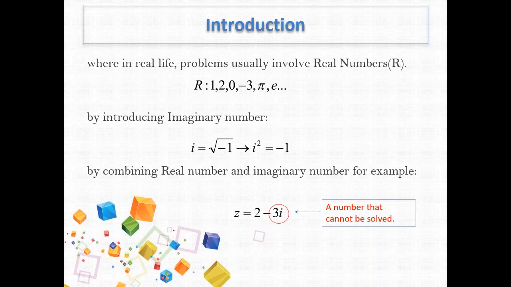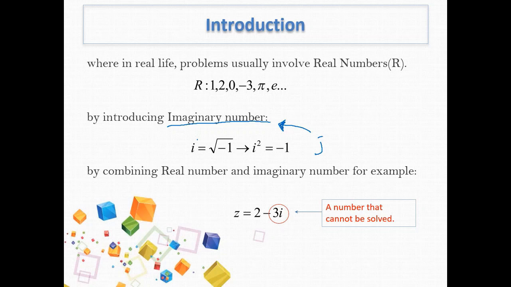By introducing the imaginary number, which is i equal to the square root of -1, or we can also say i squared is equal to -1. In some reference books, instead of using i, they use j to represent the imaginary number.